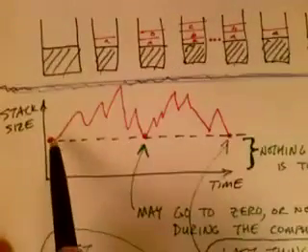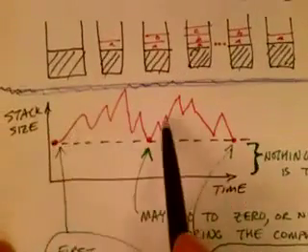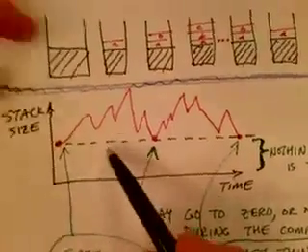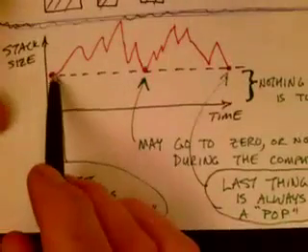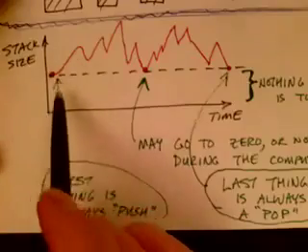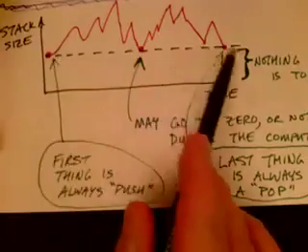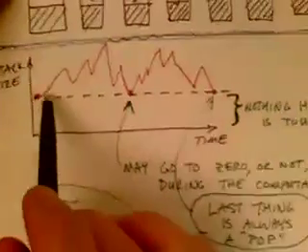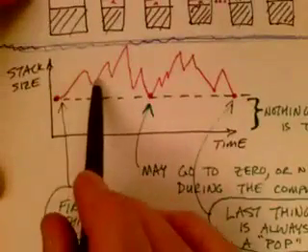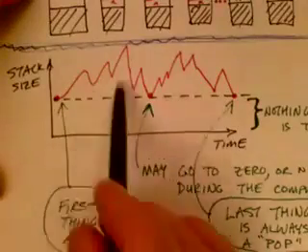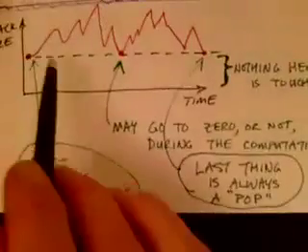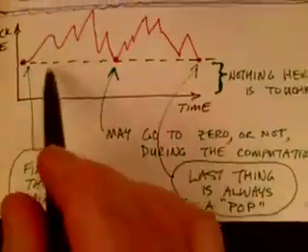So this is sort of a graph of what happens to the stack during the computation. The first thing we have to do is push. Since every transition either pushes or pops, we can't pop because we can't look below this dotted line. This graph is showing the stack height as a function of time as we take transitions. The first thing must be a push. And so we do some stuff.